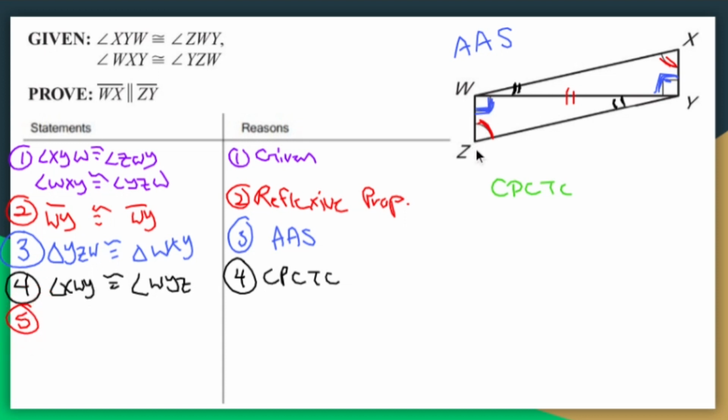This angle, ZWY, plus YWX equals angle, I did these two, so XYW plus angle ZYW.